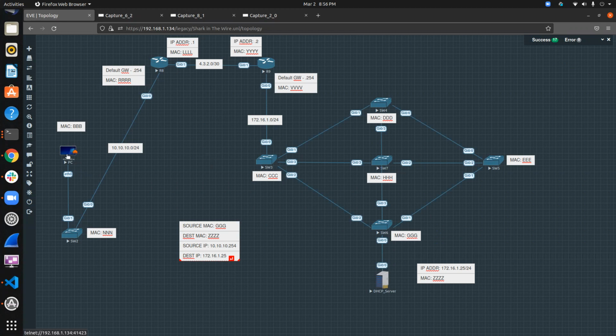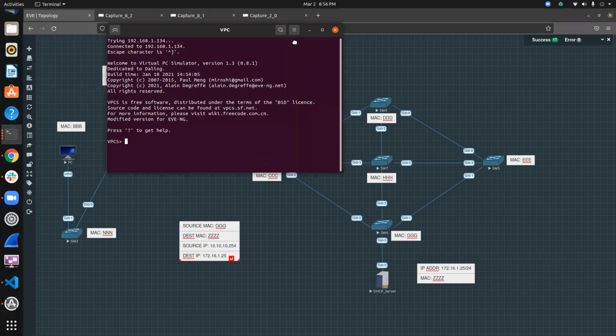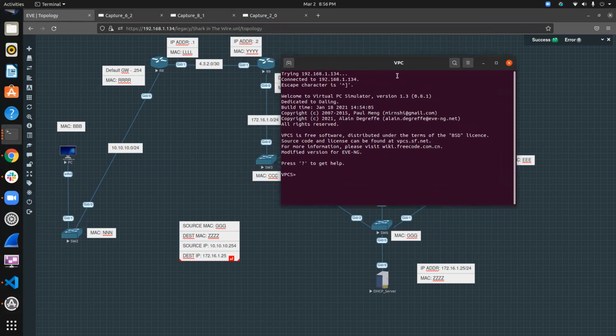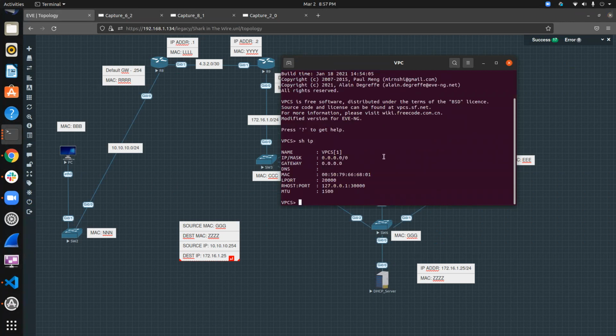Okay, so what I'm going to do is initiate Donatello's PC to attempt to get an IP address from the DHCP server. We're going to take a look at how that packet looks. So first, let's check our PC to see if it has an IP address.